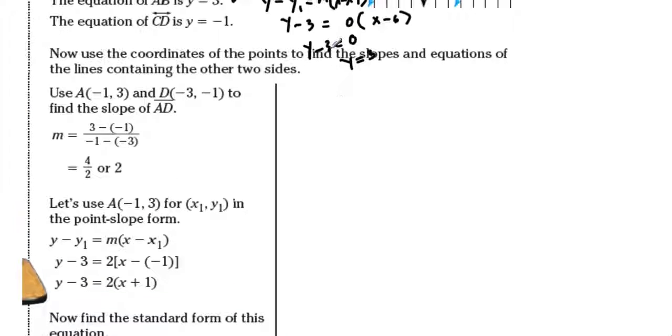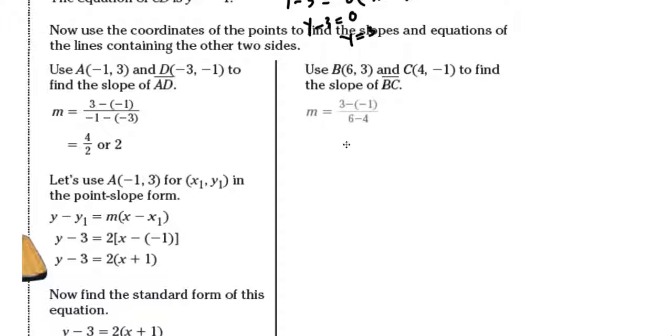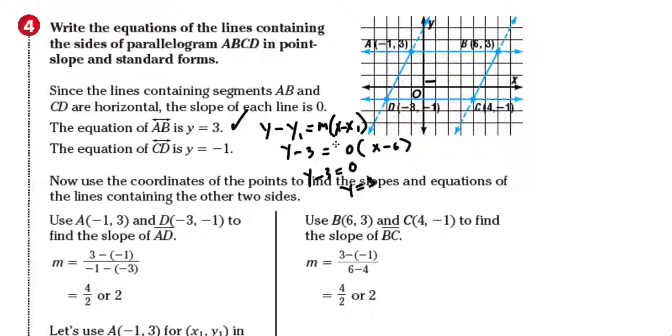Let's use the other one. We will use 6, 3 and 4, negative 1 to find the slope of side BC. Again, using the formula for slope, we find the slope of 4 over 2, or 2. What do you notice? Those two sides are parallel to each other, and that should give you a hint of our next lesson.